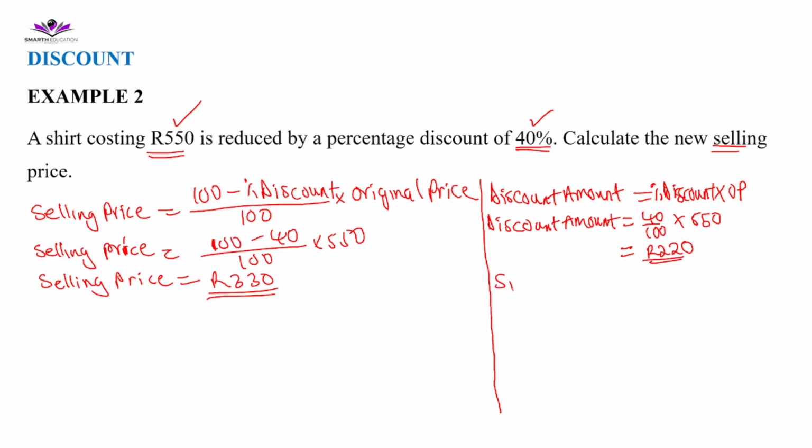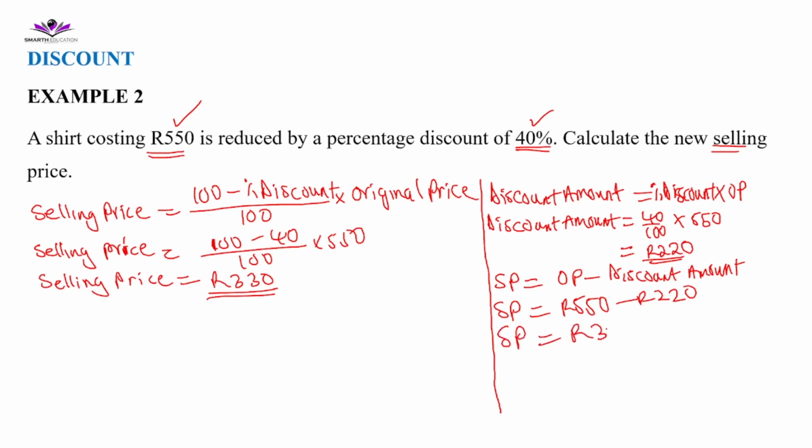Then we say the selling price is equal to the original price minus the discount amount. That's another formula we talked about. So the selling price is equal to 550 rands minus 220 rands. So the selling price is equal to 330 rands. That's another way of doing it.